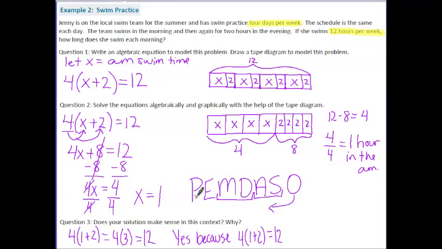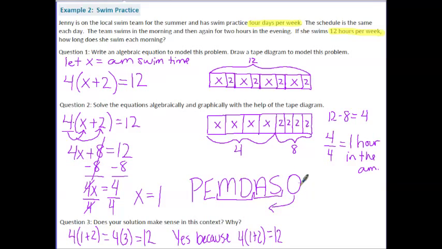So take a look at the fact that we did actually follow this. Here in this problem, we didn't have anything to do in the parentheses. I did though have multiplication. So here we multiplied, and I multiplied into both by using the distributive property, giving us 4x plus 8 equals 12. The next thing I did was the O, because we simplified as much as I could. I can't combine 4x and 8, they're not like terms, so there's no addition or subtraction here.